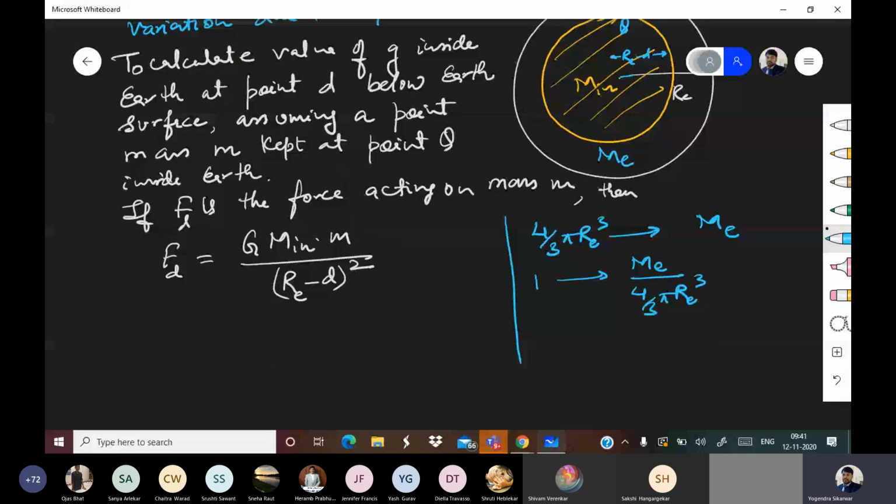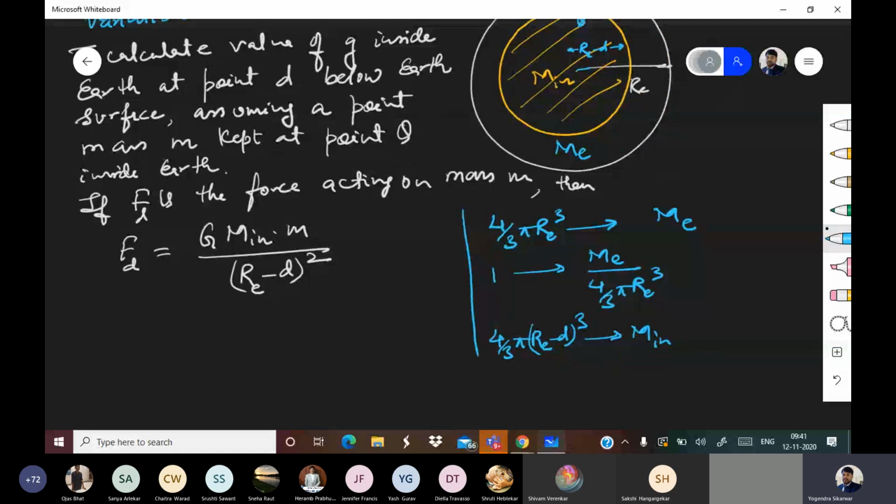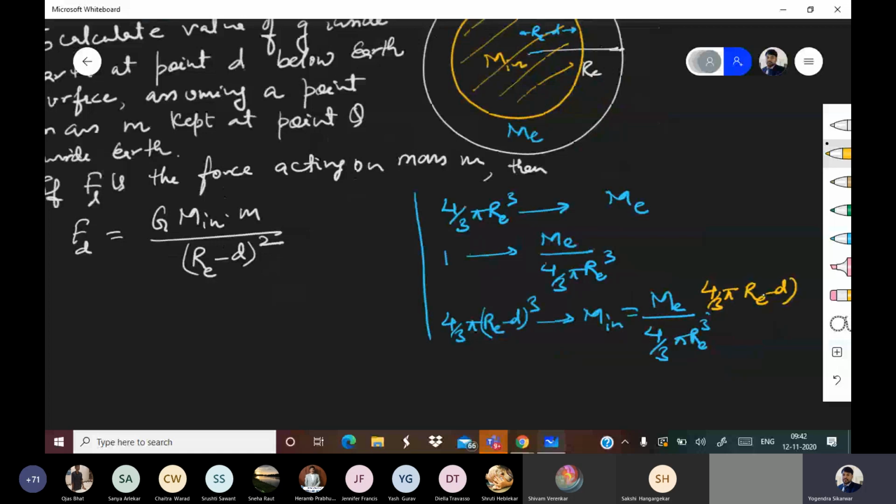Inside volume means 4 by 3 pi (RE minus d) whole cube. How much will be the mass? That will be M in. So M in is mass per unit volume into volume, and the volume is 4 by 3 pi (RE minus d) whole cube.